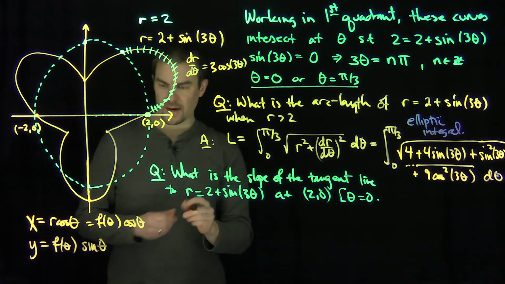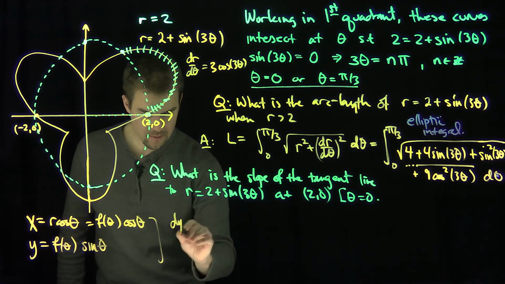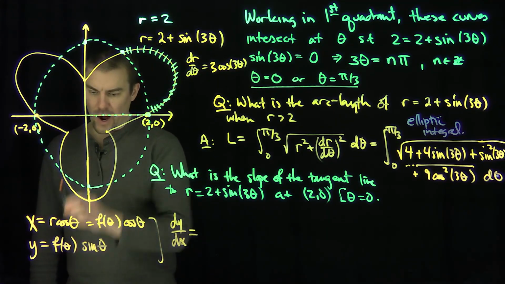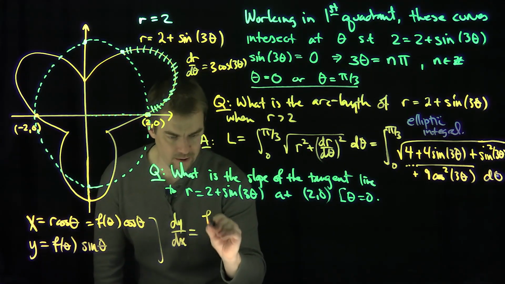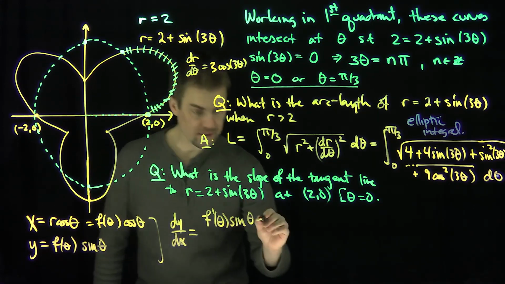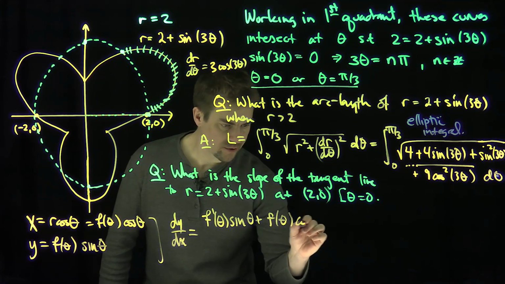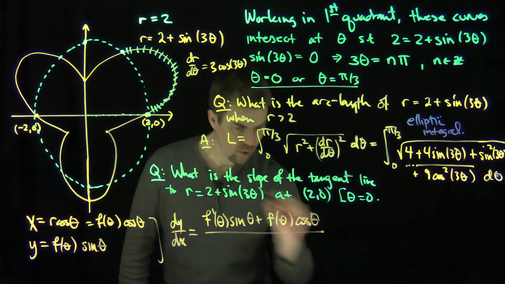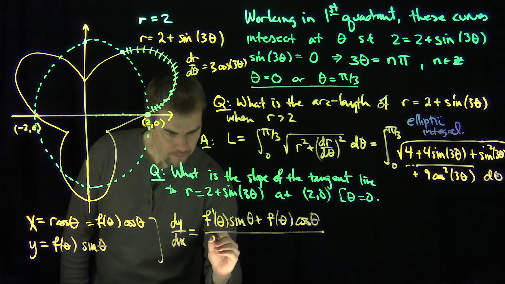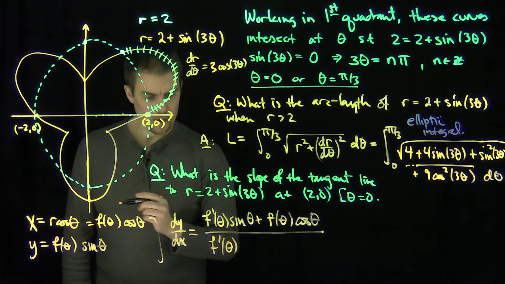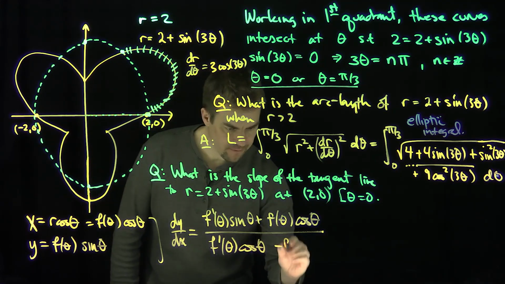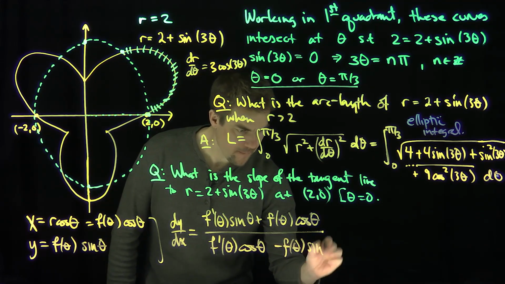Okay, so what's dy dx going to be? Well, I'm going to do the derivative of y with respect to theta. That's going to be f prime of theta sine theta plus f of theta cosine theta, over the derivative of x, which is f prime of theta cosine theta minus f of theta sine theta.